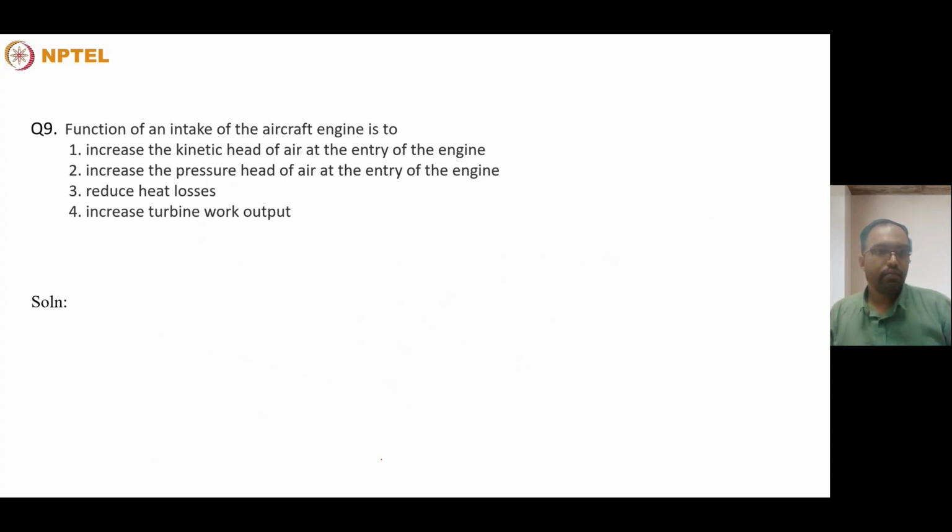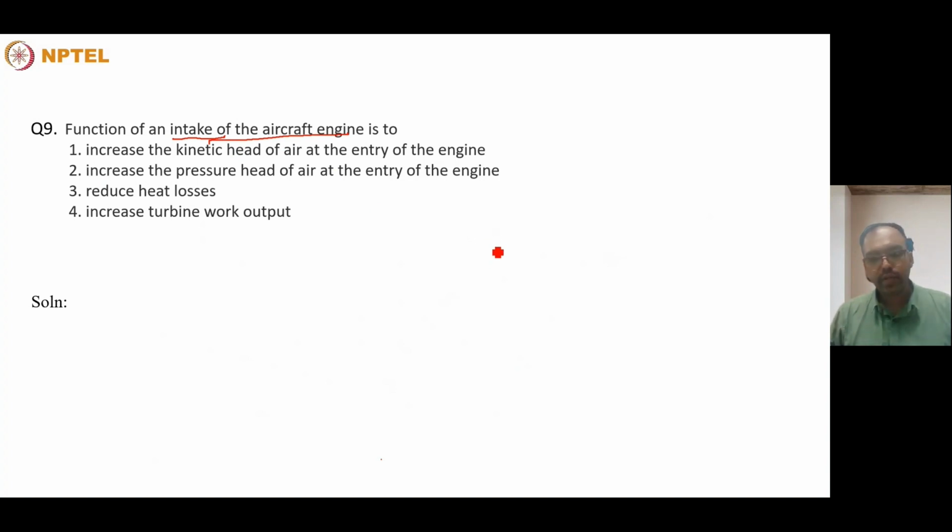So the question is regarding the function of an intake of the aircraft engine. Is it to increase the kinetic head of air, increase the pressure head of air at the entry of the engine, reduce heat losses, or increase turbine work output? The intake is more like a diffuser.